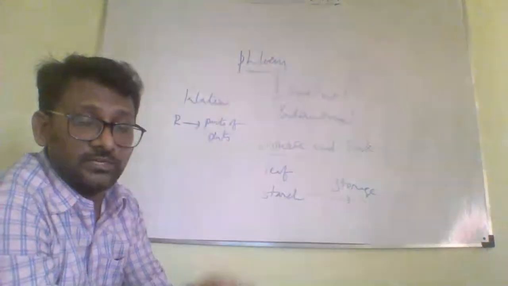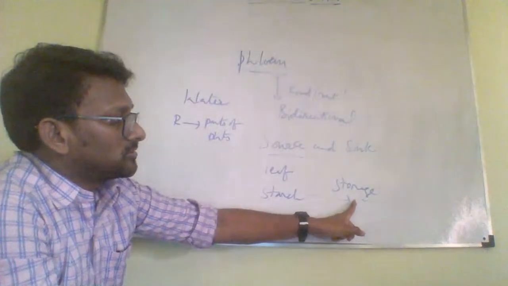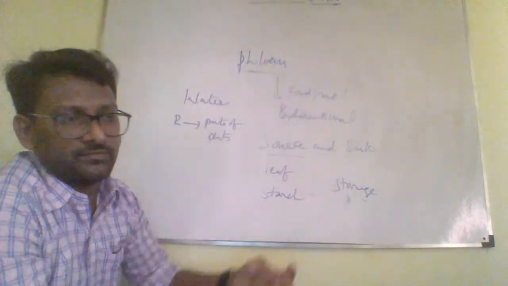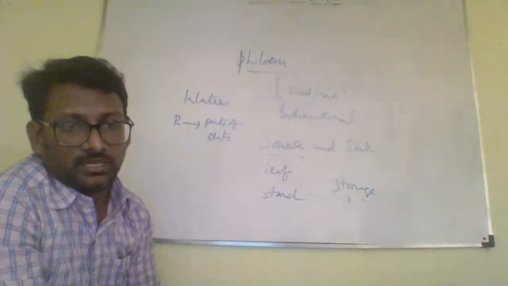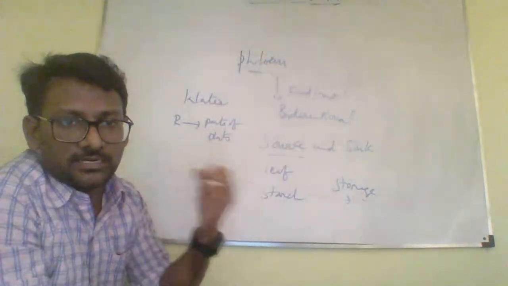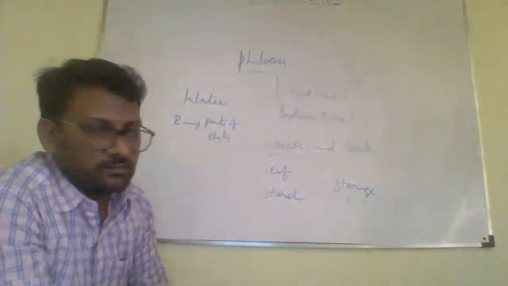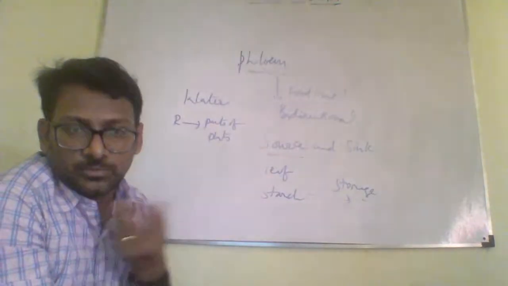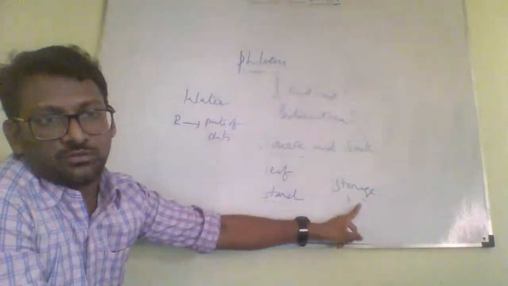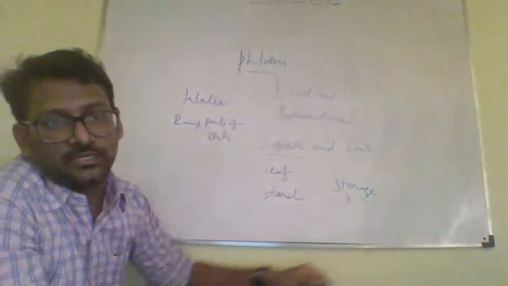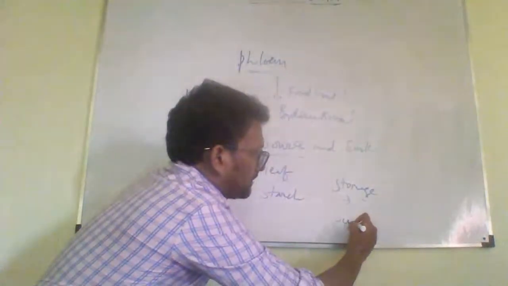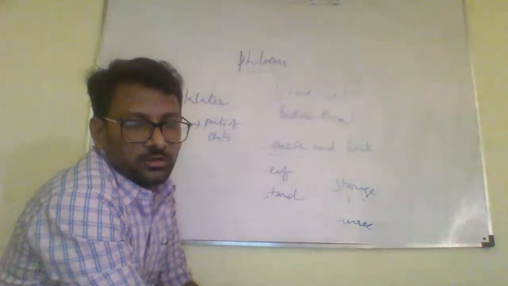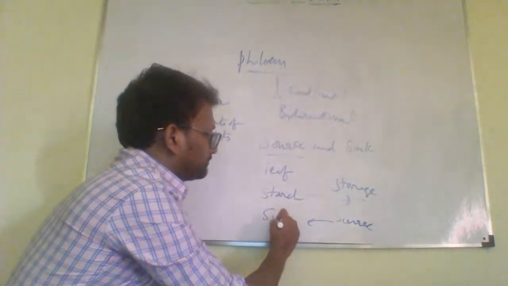This is one-way movement, and the other way is that sometimes the sink and source would be reversed. In what condition is that? Sometimes the stored food materials will be utilized again by the plants. For example, if leaves are about to die, they will fall, and all their contents would enter the neighboring leaves. Or if there is any damage or food resource that needs to be utilized, then the storage, which holds the stored food material, acts as a source, and the plant part which needs that particular organic compound acts as sink, right?